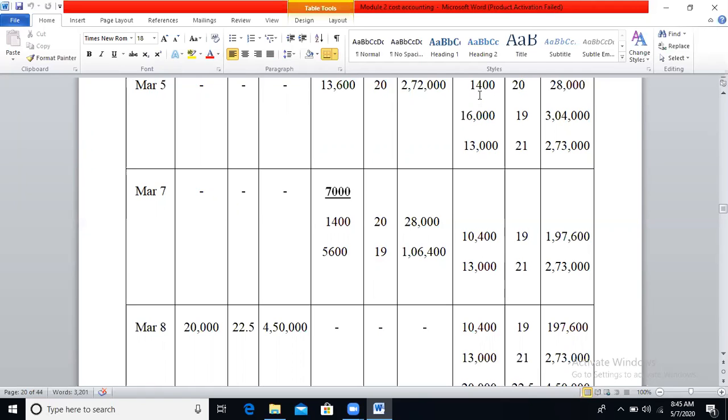The 1,400 units at rupees 20, we have issued completely. Now we have only the 16,000 units and 13,000 units. Out of 16,000 units, we have already issued 5,600. The remaining quantity will be 10,400 units.